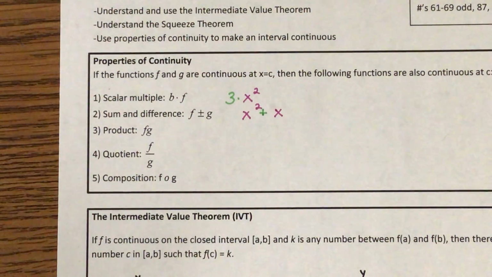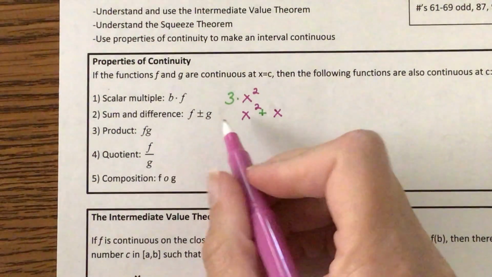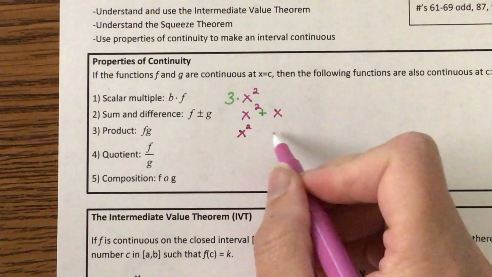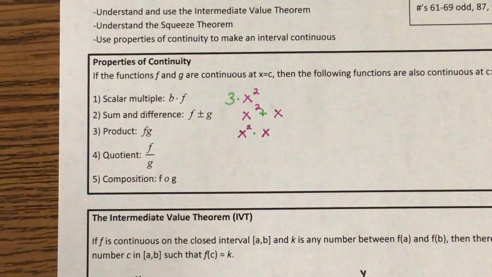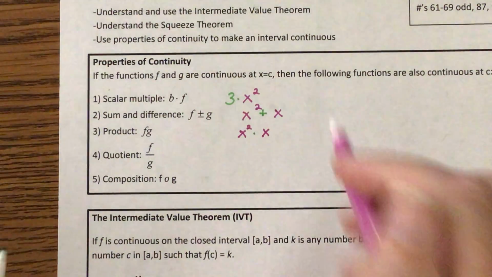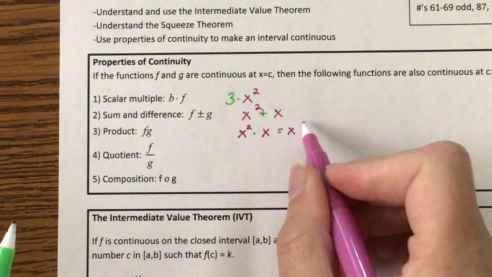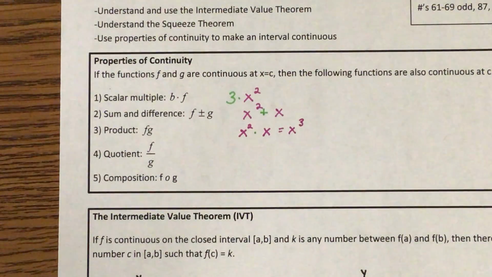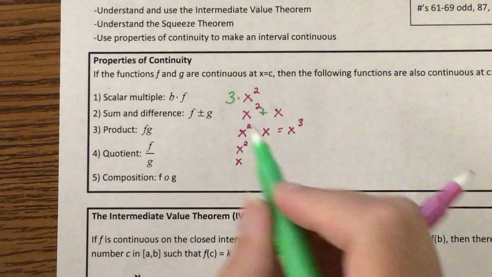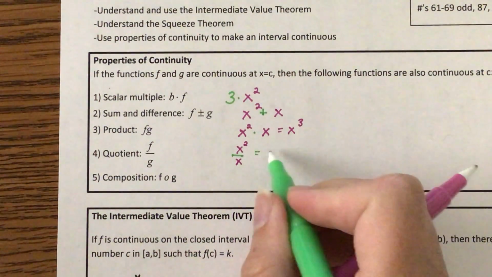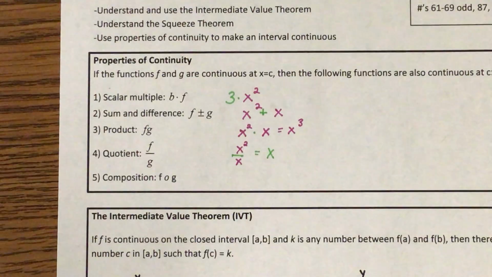So either way there. Products work as well. If you have x squared and you have x and you multiply them together, two different functions multiplied, then its product, which would be x cubed, would also be continuous. Quotients work as well. x squared over x, well, that's the same thing as just x. It is continuous as well.